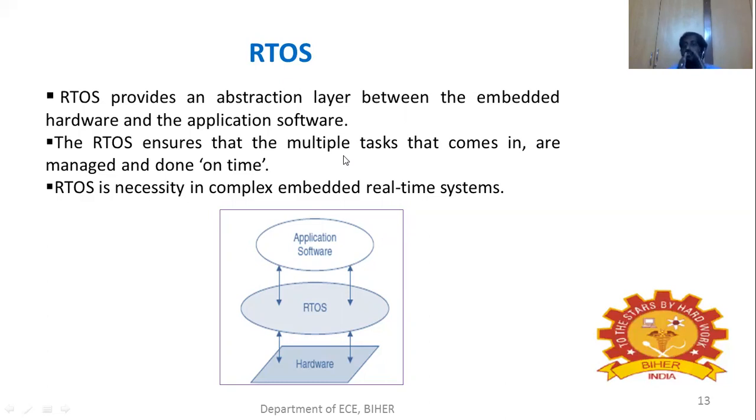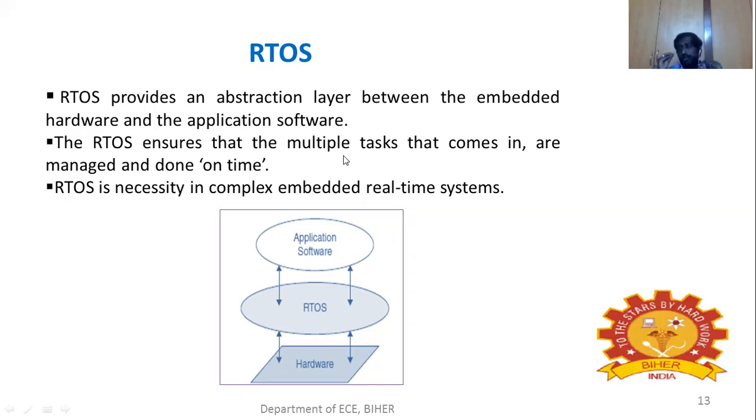So the RTOS provides an abstraction layer between the embedded hardware and the application software. And what is the role? The RTOS ensures that the multiple tasks that come in are managed and done on time. So every task should be completed within a specific period.